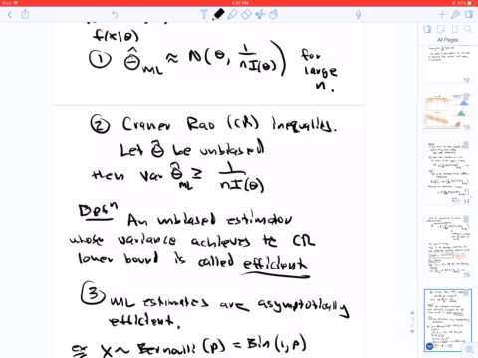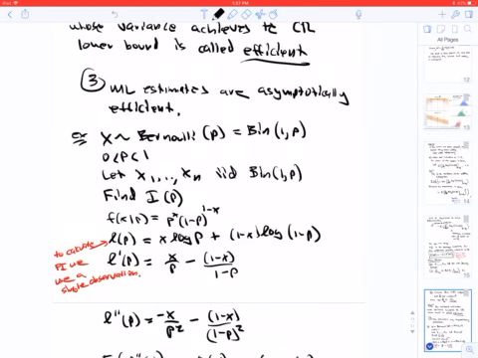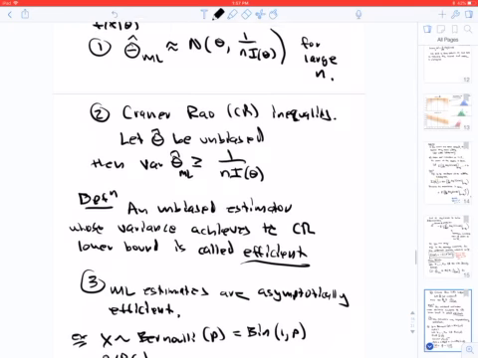So again, this is very nice because it says that 1 over n times the Fisher information is a lower bound for what the variance of your estimator is. We say that if the variance equals this lower bound, then the estimator is efficient. And furthermore, ML estimators are asymptotically efficient.